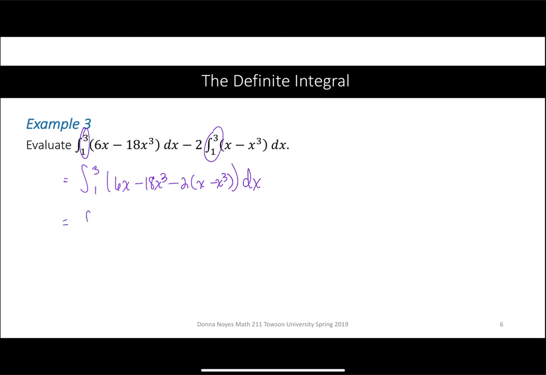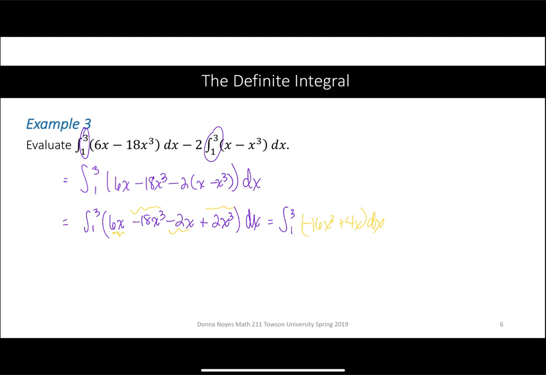So what ends up happening then is we can make this the integral from 1 to 3 of 6x minus 18x cubed minus 2x plus 2x cubed. If we put a few of those things together, we could do 6x minus 2x and negative 18x cubed plus 2x cubed. We end up with negative 16x cubed plus 4x dx.